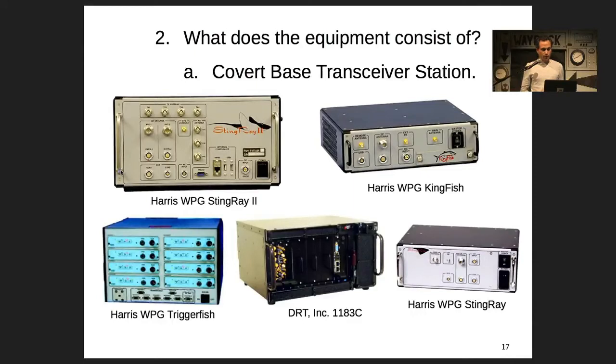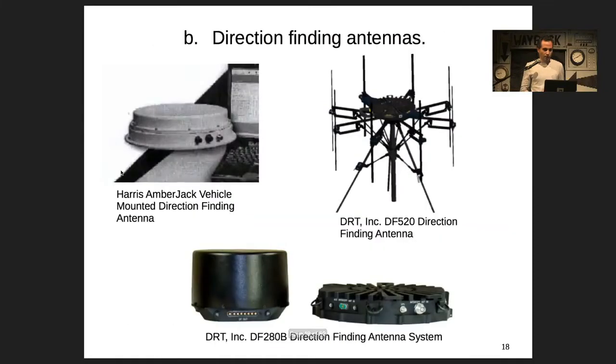So this is what the equipment looks like. This is the heart of the equipment. These are base transceiver stations. They have software-defined radio slices and other connectors for plugging in antennas and things like that. These are pictures of directional antennas that law enforcement uses. Unlike a typical cell tower that has antennas intended to provide cellular service, these antennas are intended to locate the phone.